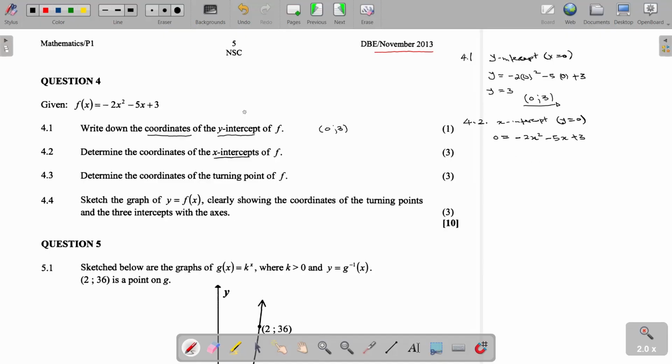Then here it simply means that our a is equal to a negative 2, our b is equal to a negative 5, and our c is equal to positive 3 from this standardized quadratic equation. So we apply the quadratic formula, copy the quadratic formula from the formula sheet.